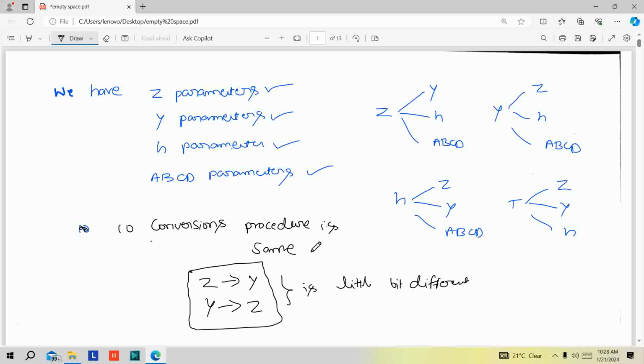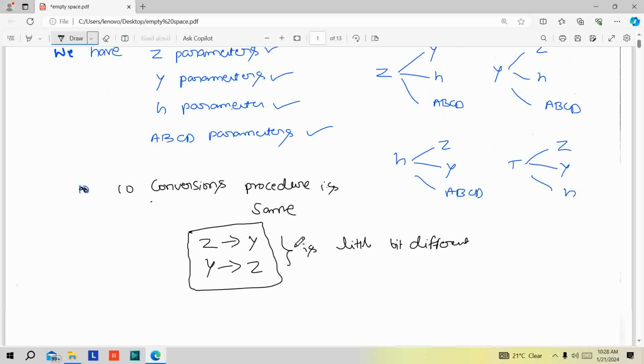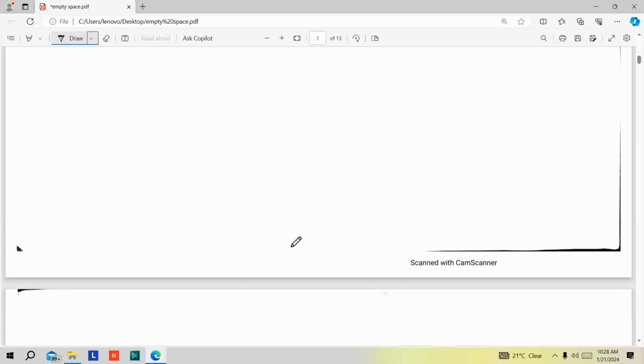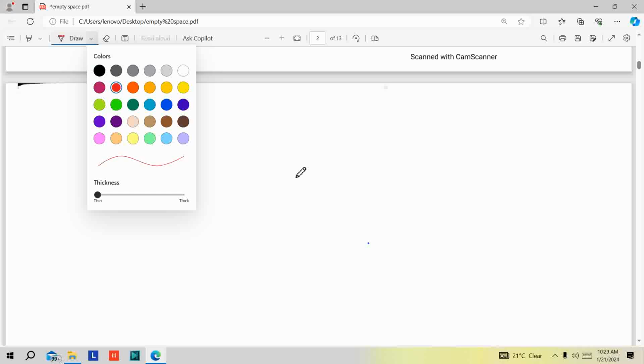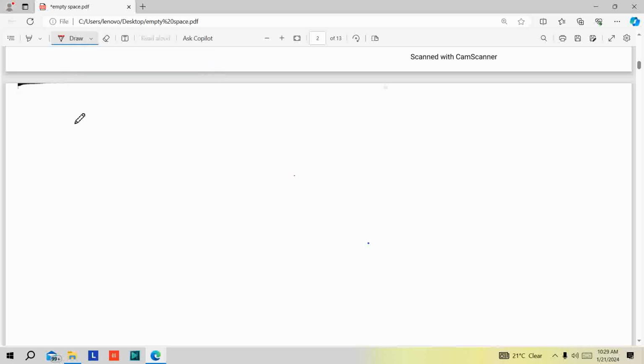So here today I'm going to convert Z parameters to H parameters. Conversion of Z parameters to H parameters.